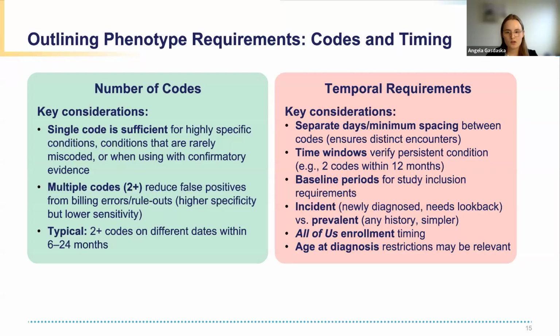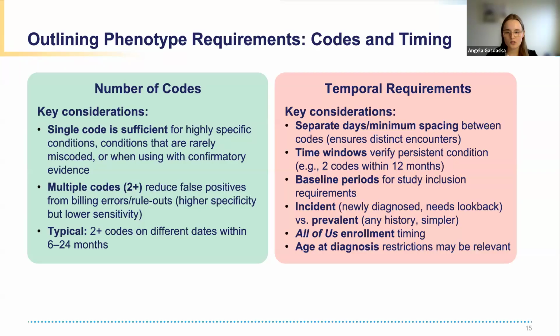So first, to go a little bit deeper into the number of codes to require. A single code might be okay for highly specific conditions or conditions that are rarely miscoded, or when you're using confirmatory evidence as well. So maybe you're using a diagnosis code and a lab, and maybe one diagnosis code is okay. Requiring multiple codes, typically 2 or more, is going to reduce false positives.